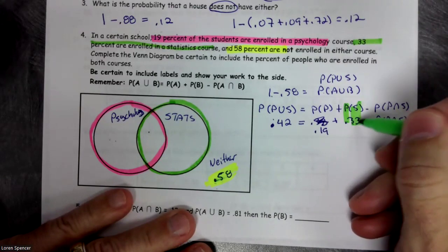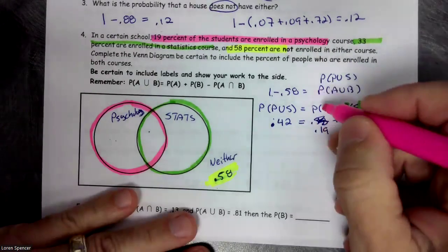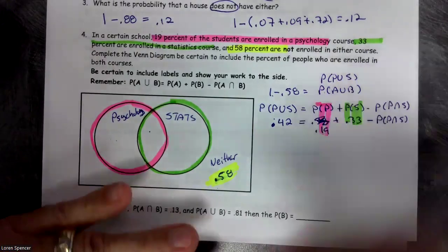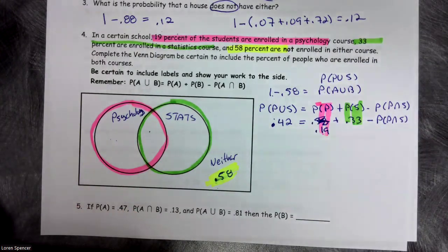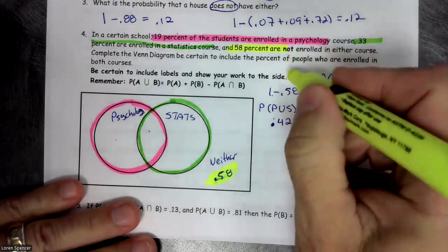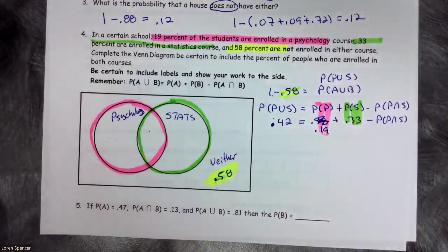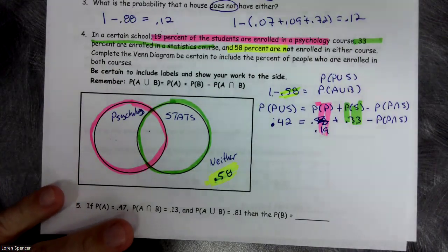So let's go ahead and do a little bit of math. When I add 0.19 plus 0.33, I end up getting 0.52. So 0.42 equals 0.52 minus the probability of psych and stats.